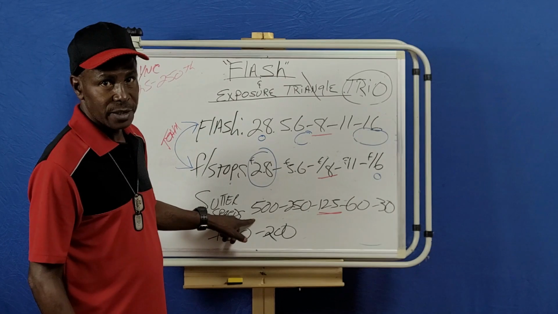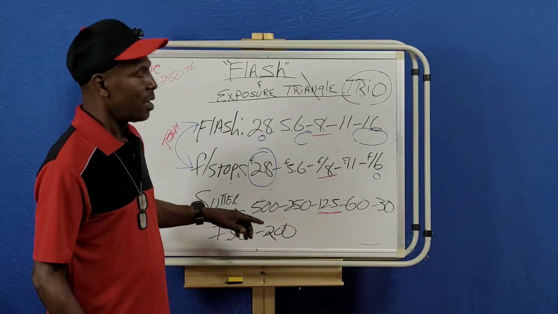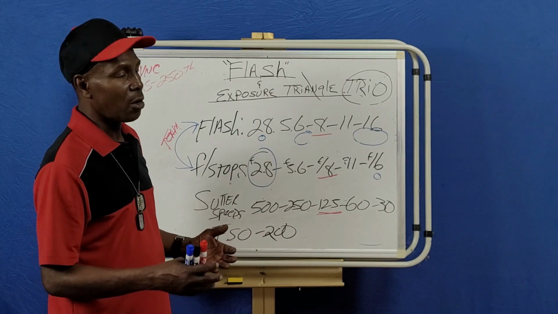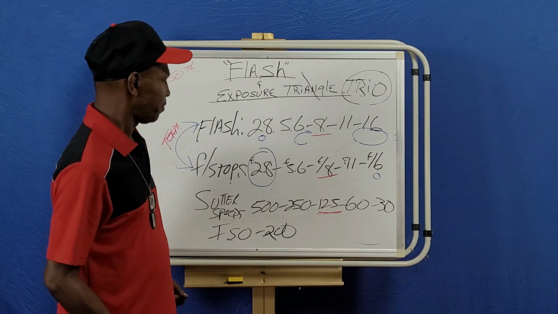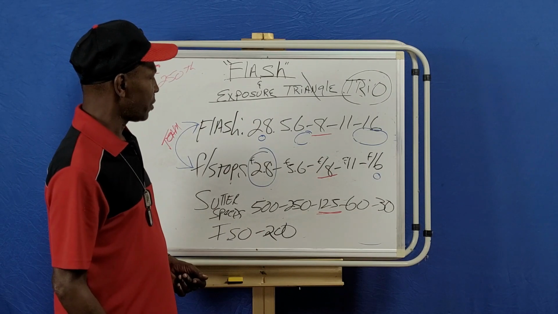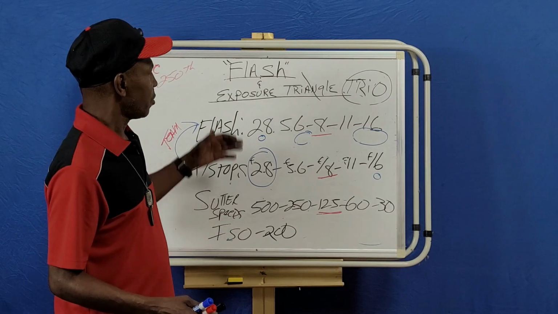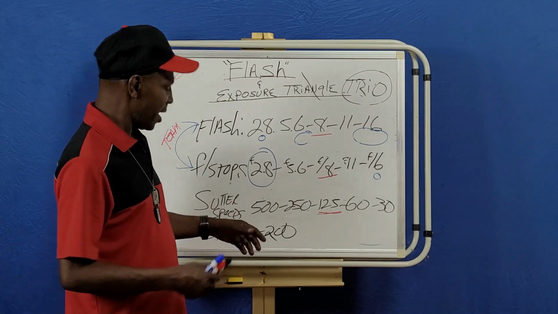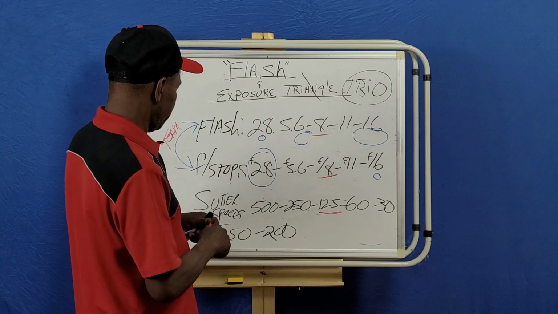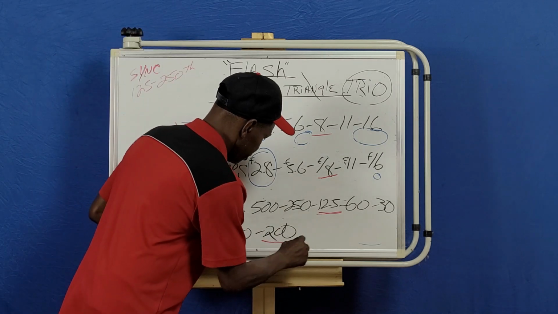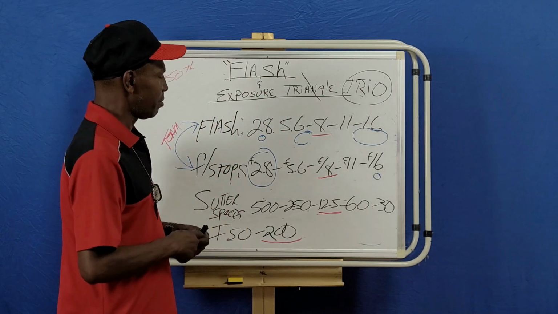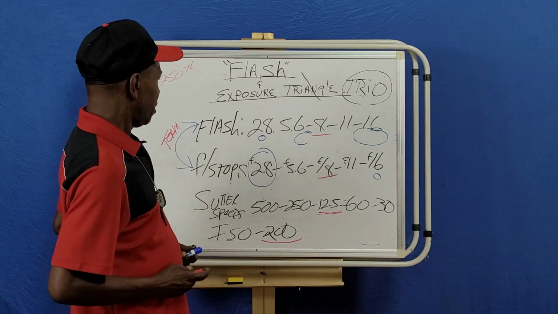Now your shutter speed stands alone and it exposes the ambient light around, or what we were going to call the background. So let's say the background was just too dark and you needed to add more light. So the only way to do that, now you could change your ISOs, and that'll put more light on the scene.